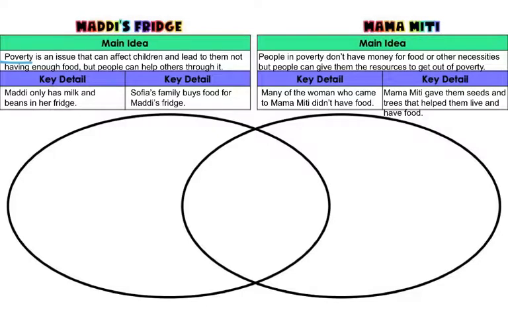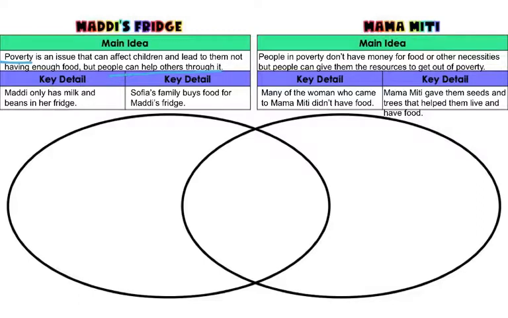A key detail to support Maddie's Fridge is Maddie only has milk and beans in her fridge. That shows that Maddie is dealing with poverty. Another key detail from the book is Sophia's family buys food for Maddie's fridge. So this supports this part right here.